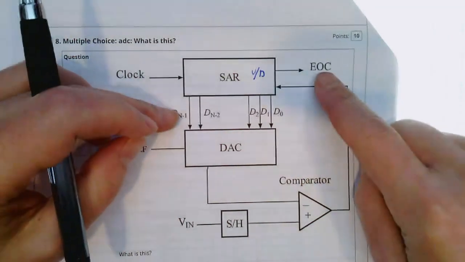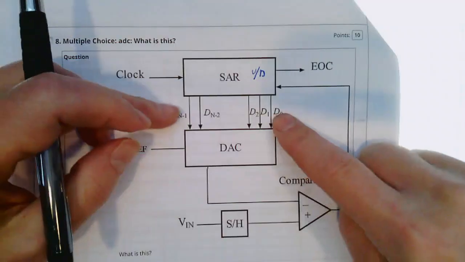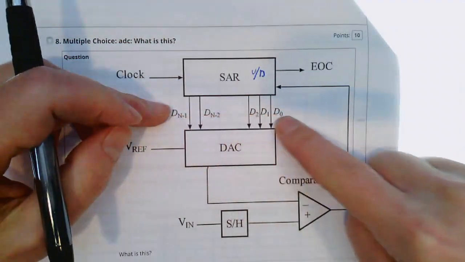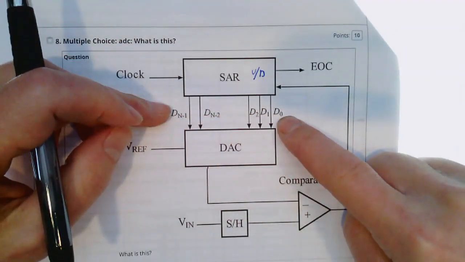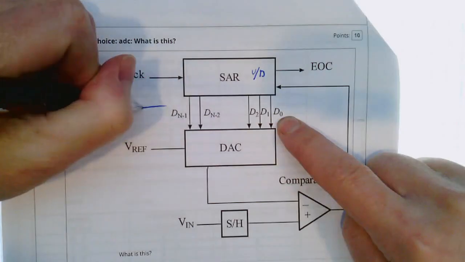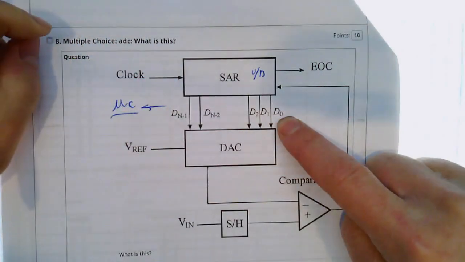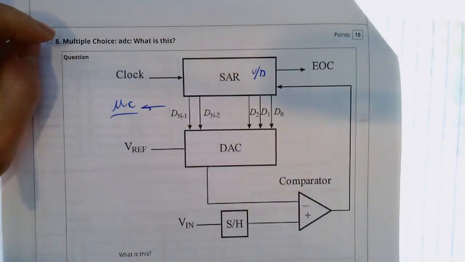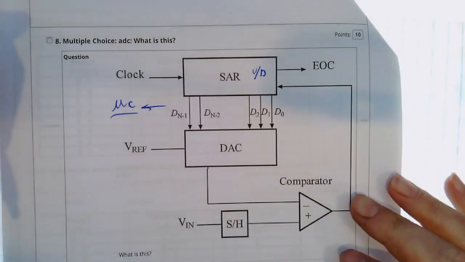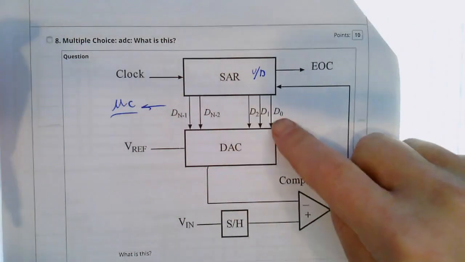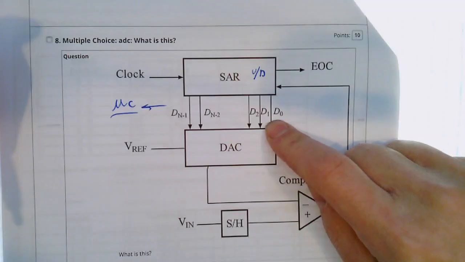And what you want to do during the end of conversion cycle is sample the DAC input right in through here and put that into your microcontroller or whatever kind of computer you have. And then you can find out what the voltage is by using this quantized and sampled representation of the voltage.